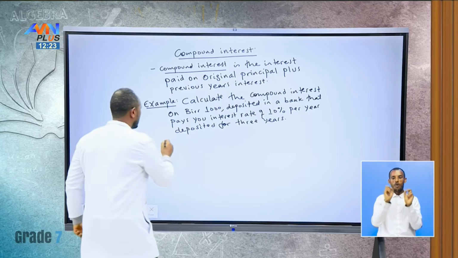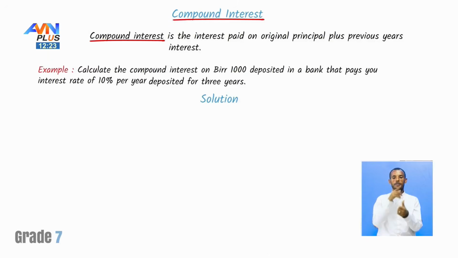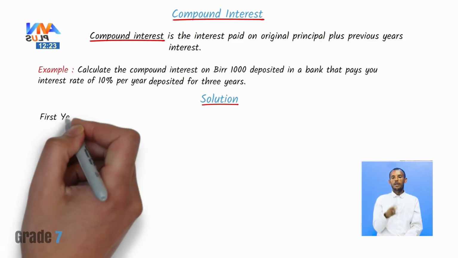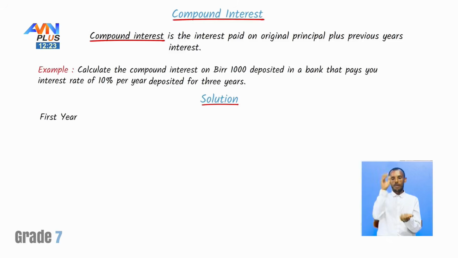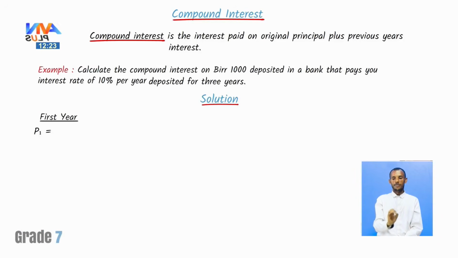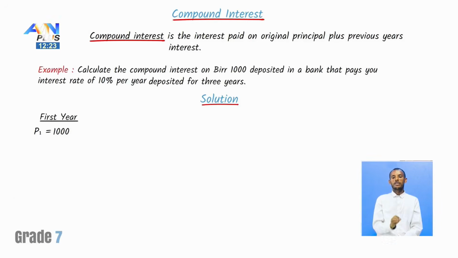Okay, here, first year. On the first year, let's say the principal P1, the money initially deposited, is how much? It's 1,000. How about the interest rate? It is 10% per year. Now, I can calculate the interest for this year.